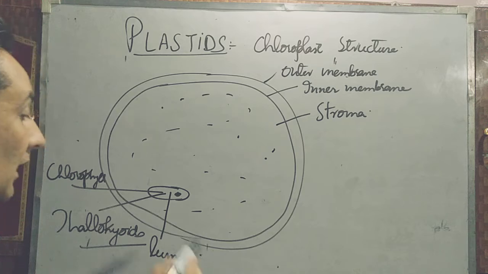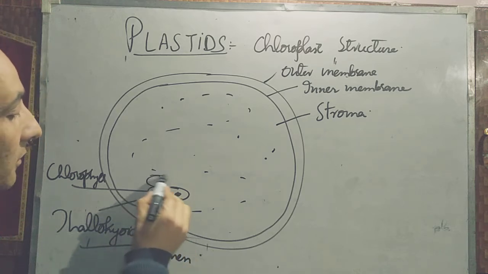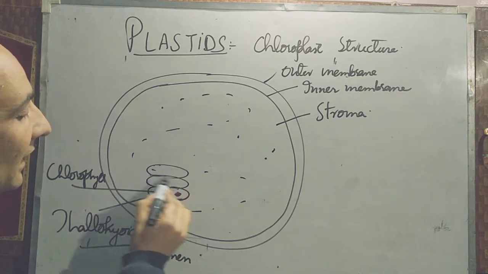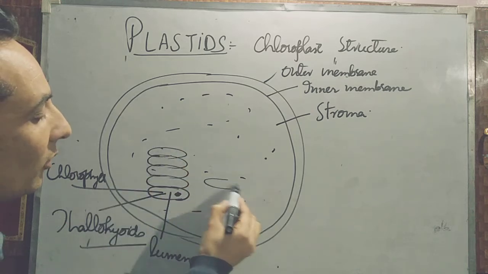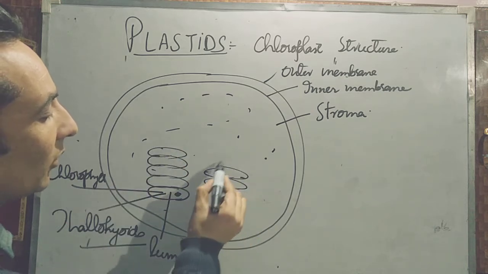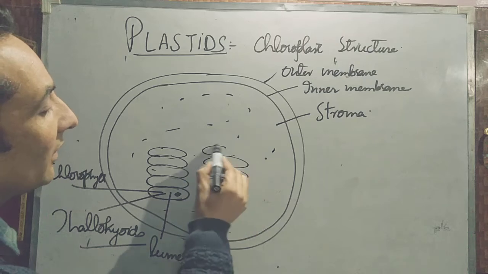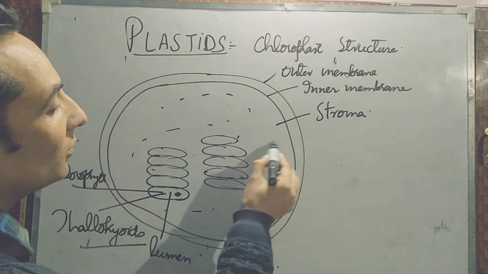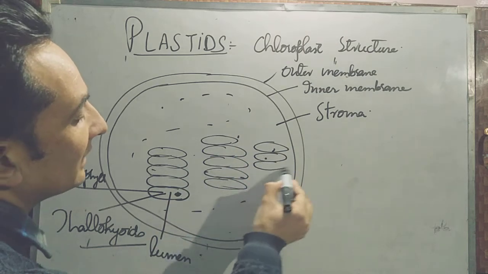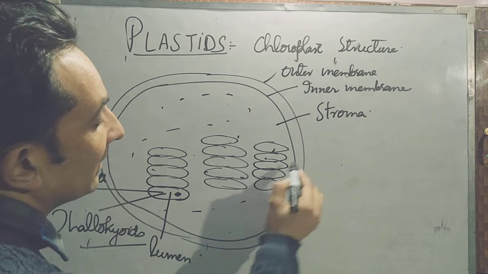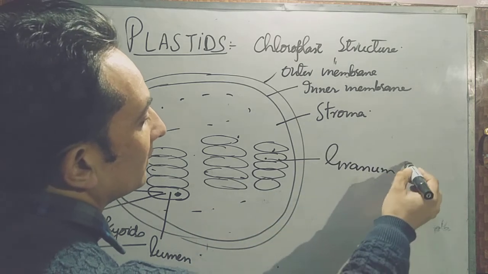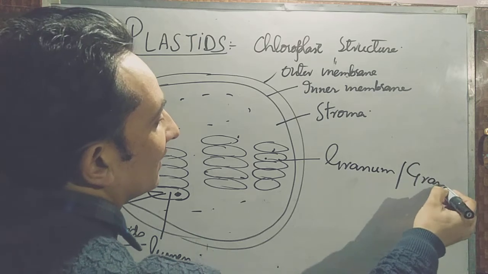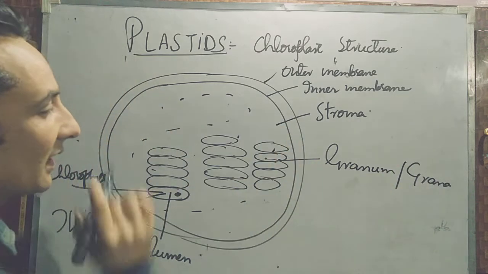They have a very narrow enclosed space known as the lumen. These thylakoids pile up like stacks of coins, and they form structures which you call a granum. The plural term for this is grana. This is a single granum.